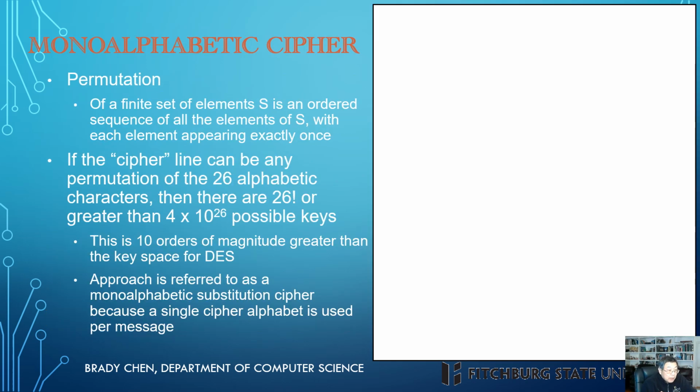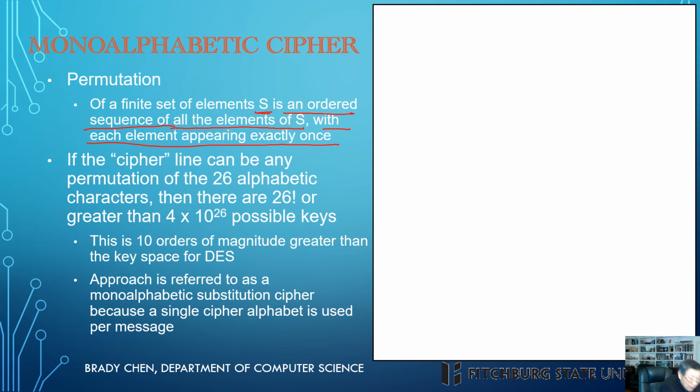Now before we talk about the monoalphabetic ciphers further, we first need to introduce a term called a permutation. A permutation of a finite set of elements S is an ordered sequence of all the elements of S, with each element appearing exactly once.